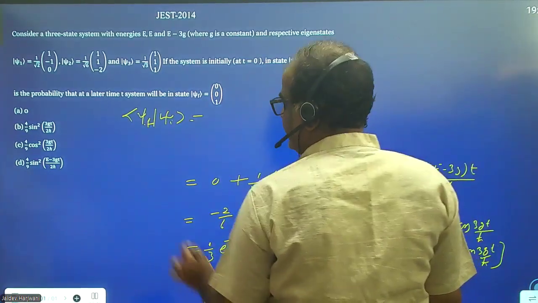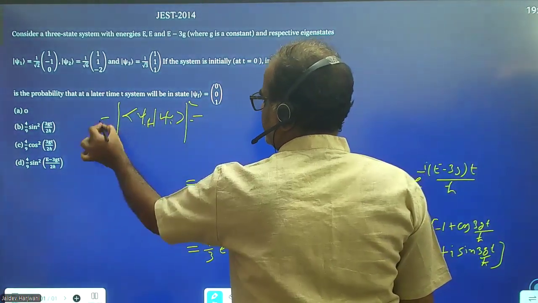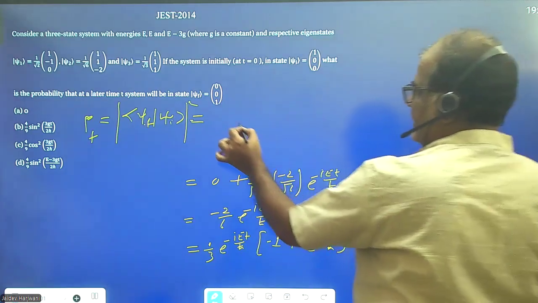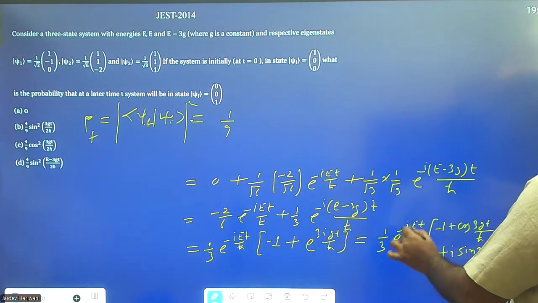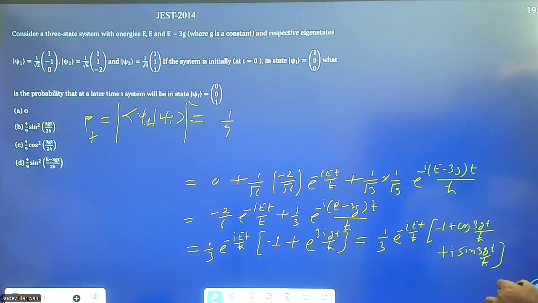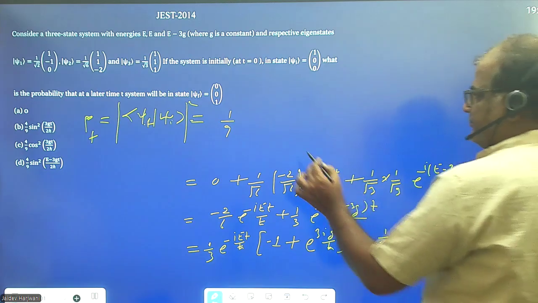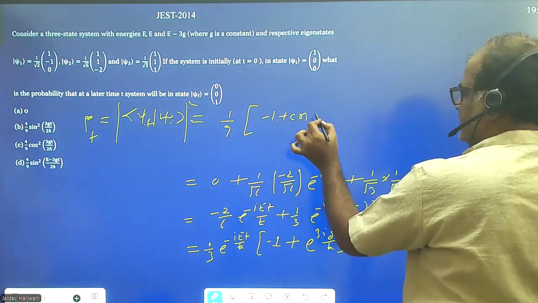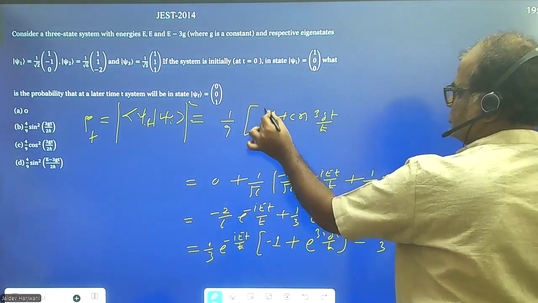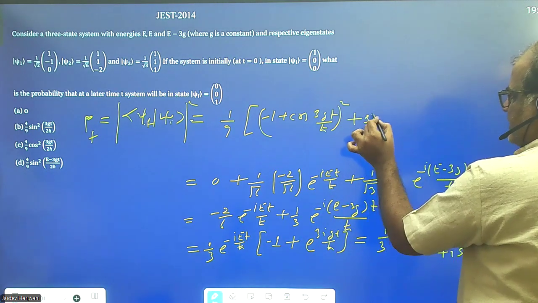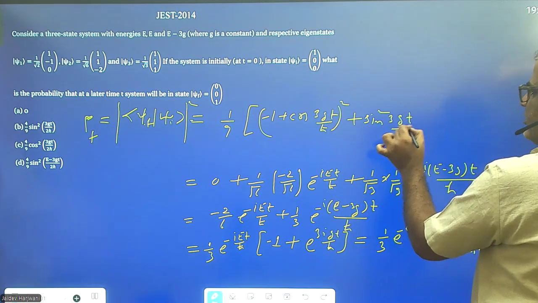So probability will be amplitude square of the final state. So this will give me 1 by 9. This will be psi star psi, so this will disappear. And now we have to take the amplitude of this one square. So this will give me minus 1 plus cos of 3gt upon h cut square, x square plus y square, so this is a complex number, and this will give me sine square 3gt upon h cut.